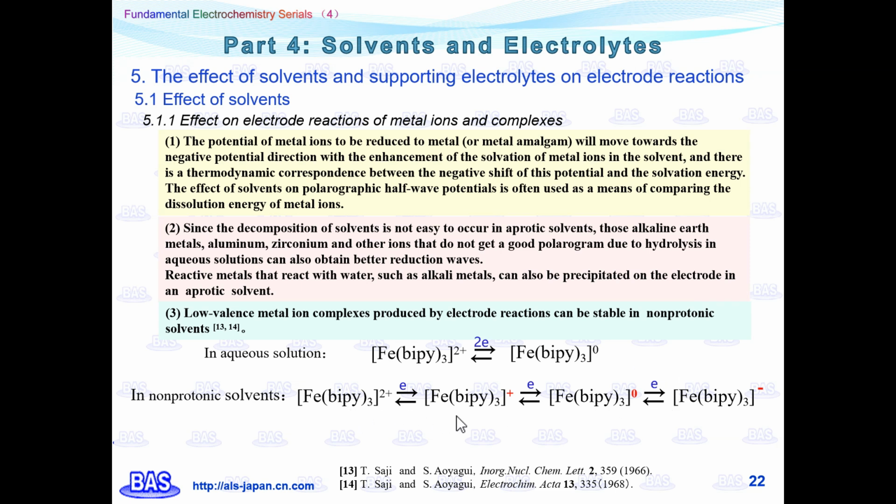But in non-protonic solvent, 3 steps of 1-electron reduction occur. A reversible reduction step yields a relatively stable complex anion as follows. The same applies to various complexes such as the chromium, nickel, and ruthenium bipyridyl complexes.